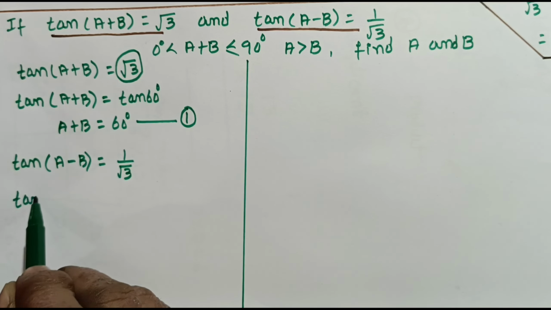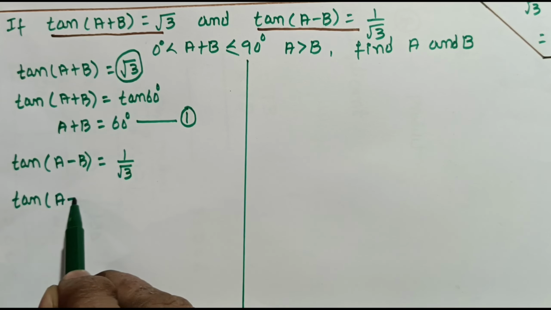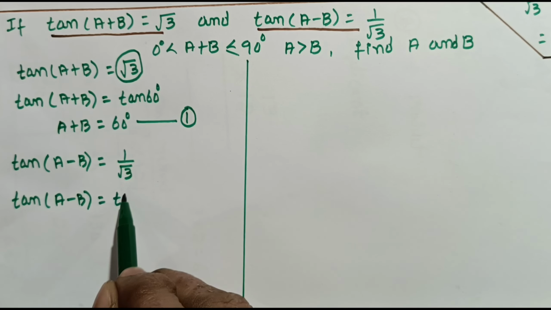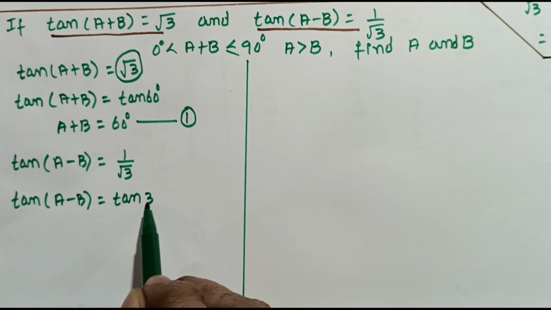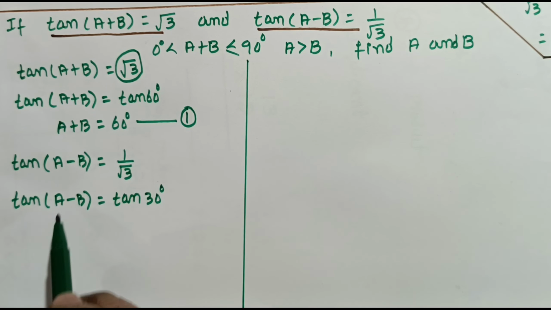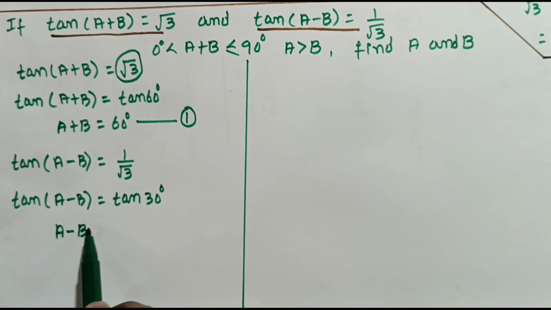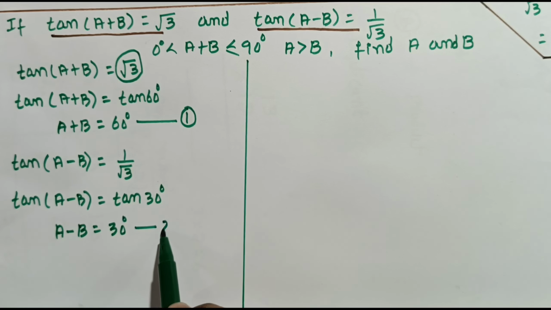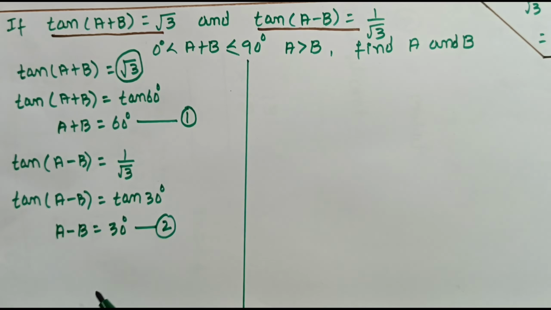Tan(a - b) equals 1 by root 3, which is equal to tan of 30 degree. Now both sides have tan, so this equation I can rewrite as a - b equals 30 degree. So now I got the two equations, equation 1 and equation 2.